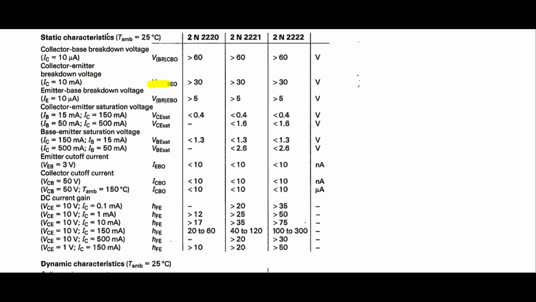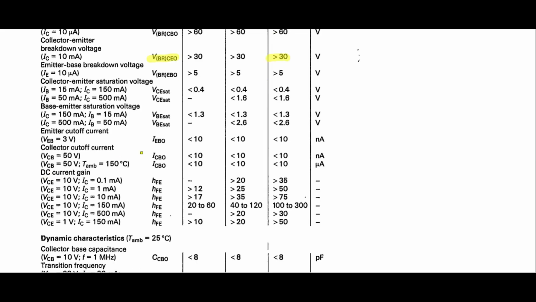These are the important parameters of the 2N222, that we have been discussing all along, and you can see the HFE parameter. Look at this. This is nothing but beta. So you will see that it is greater than 35 here, and at different current ratings.